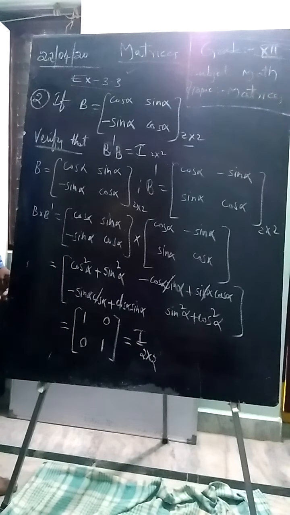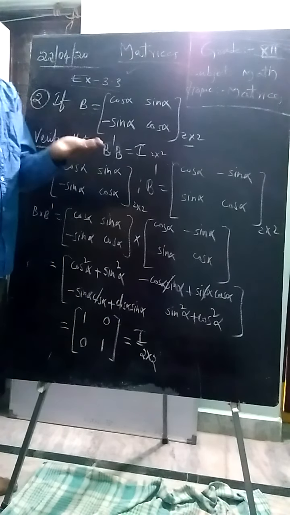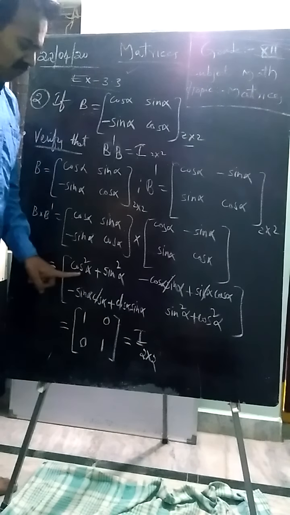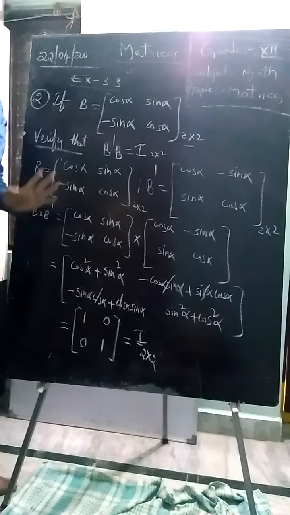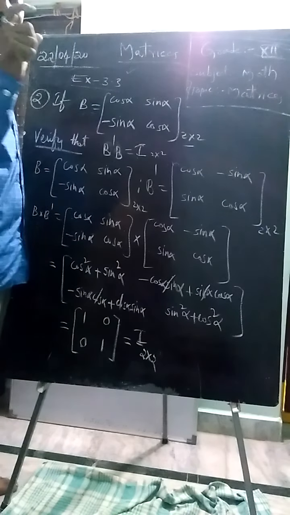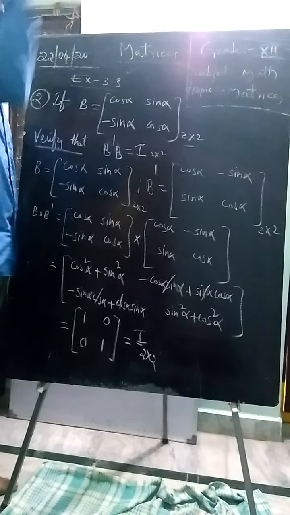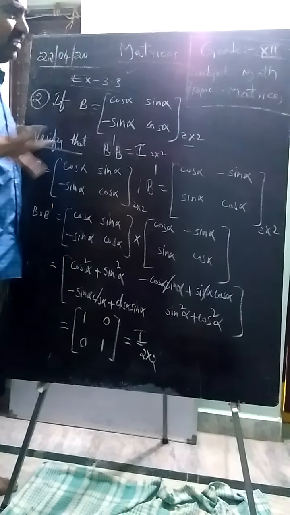Of course, when we multiply x into x, it becomes x square. As per that, cos alpha into cos alpha is cos square alpha. Please don't write cos alpha square. Never.